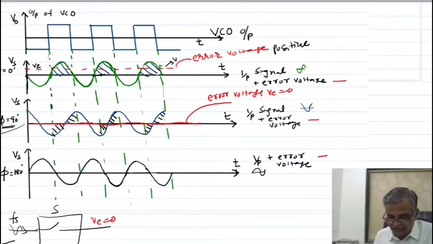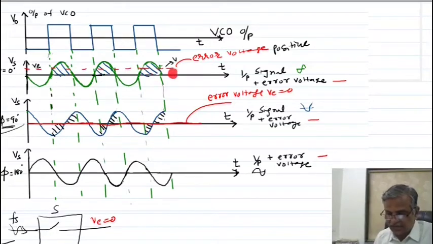When there is a 90-degree phase shift between input signal Fs and output of VCO Fo, then this much portion of the input signal passes through the switch. As a result, the average voltage VE will be 0.